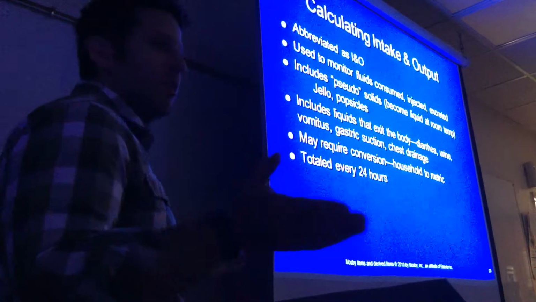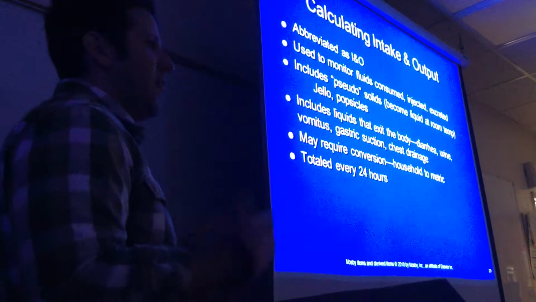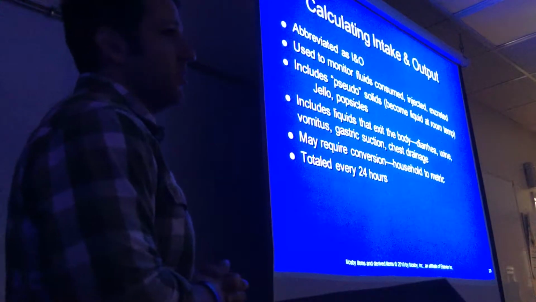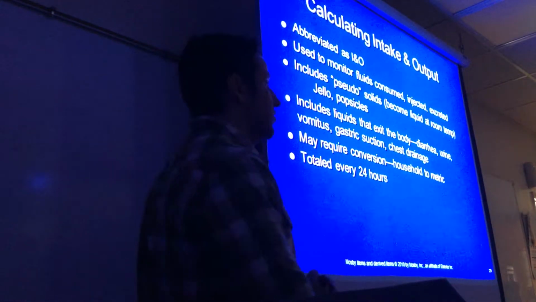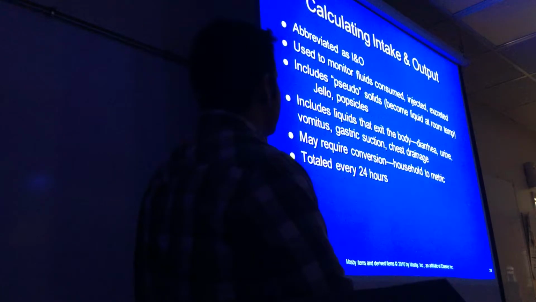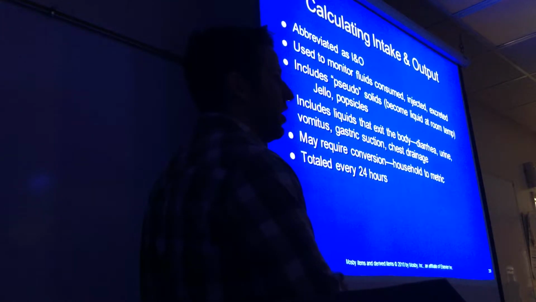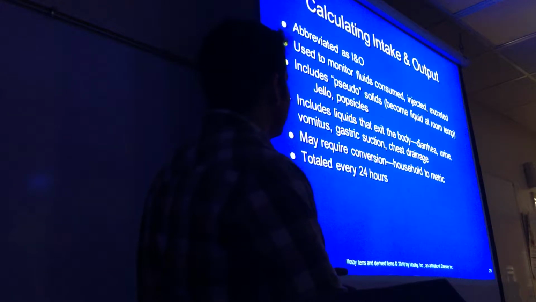Perspiration is the one that we really can't measure because it's evaporative, right? But we do have some loss there too. But since we can't measure it, we don't do anything about it. But we can understand that we would lose some sweat somewhere and cause some mL loss. But the ones that are easiest to measure because they come out in large quantities at one time are diarrhea, urine, vomitus, gastric suction, and chest drainage.